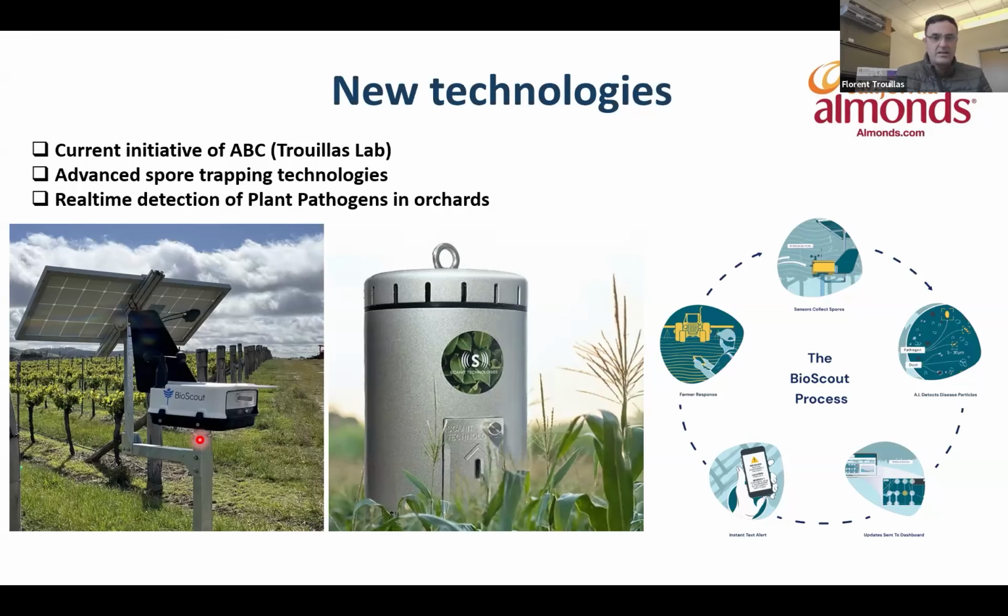This could be anything from red leaf blotch to Alternaria pathogens, allowing growers to visualize live how much disease pressure is present in the orchard and helping them make decisions when it comes to spray applications.